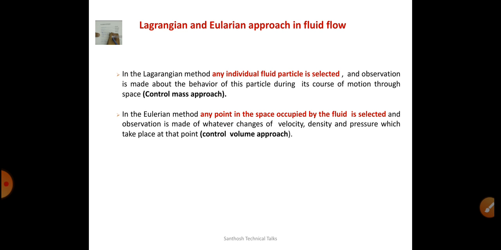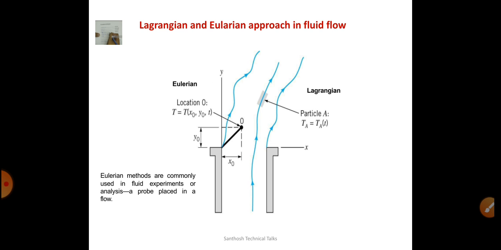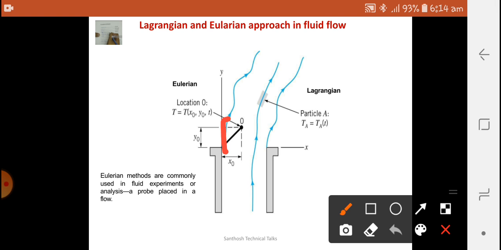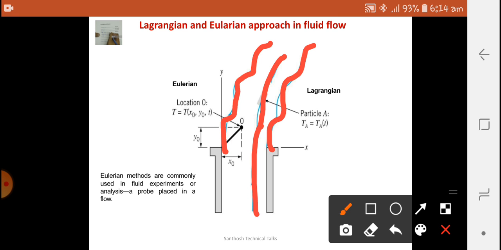In the Eulerian approach, any point in the space occupied by the fluid is selected, and observations are made. The change of velocity, density and pressure at each and every point is taken care of. That is why it is called the control volume approach. If you want to know better, these lines are formed by the Eulerian approach, and this is a line made by Lagrangian.